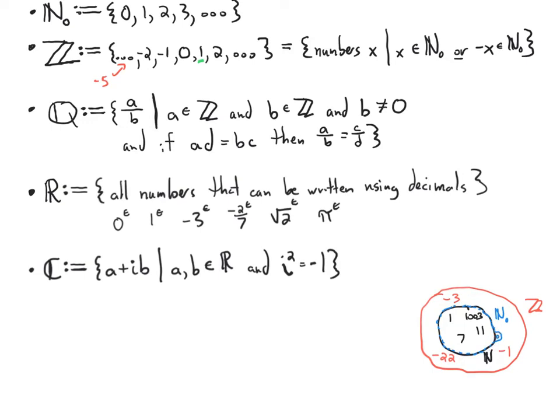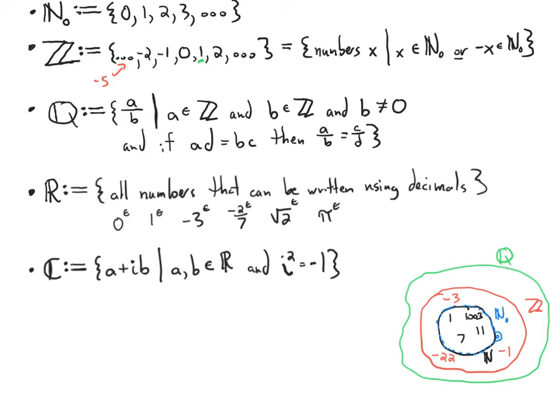And of course, inside the set of rational numbers are the integers. So we'll do this in green. All of this is the set of rational numbers. Well, -3 is the same as -3 over 1. Any fraction over 1 is just the numerator itself. So all of these guys, put them over 1, and you have yourself a fraction.